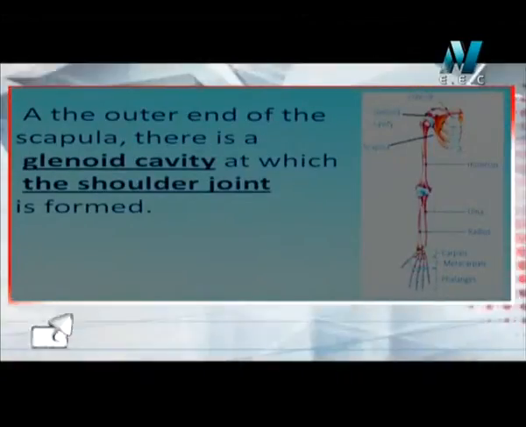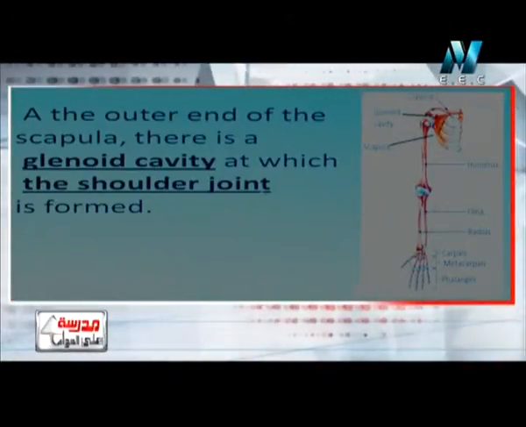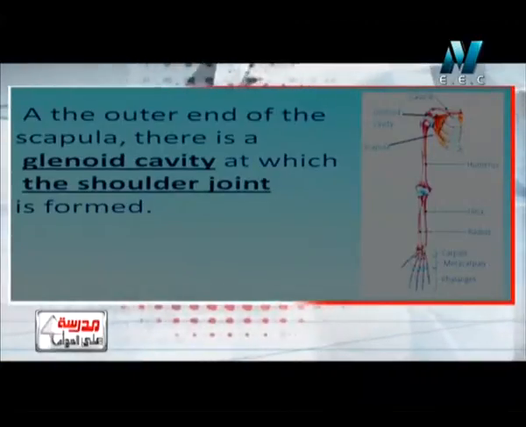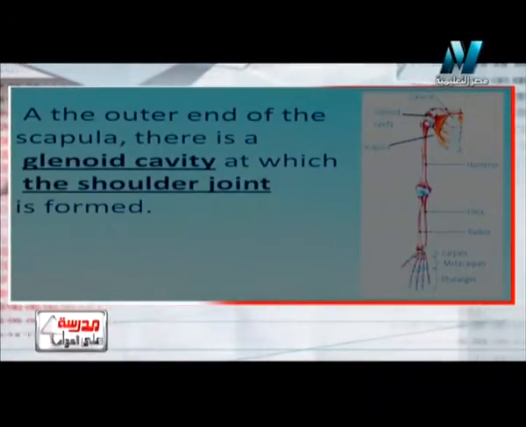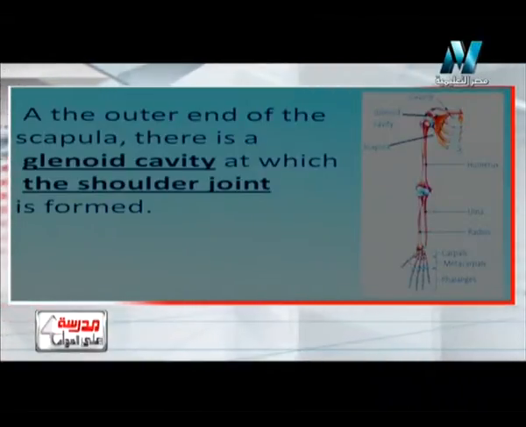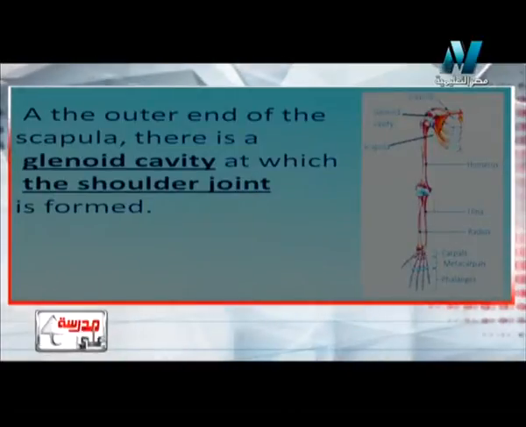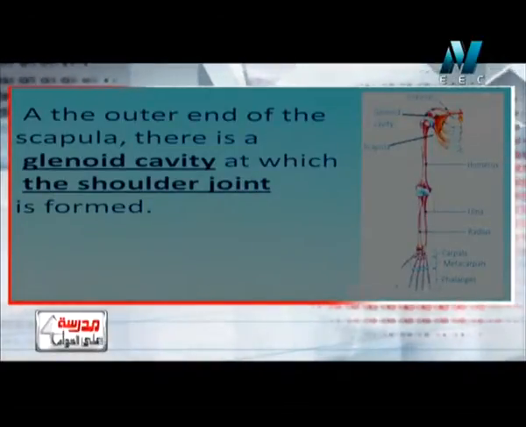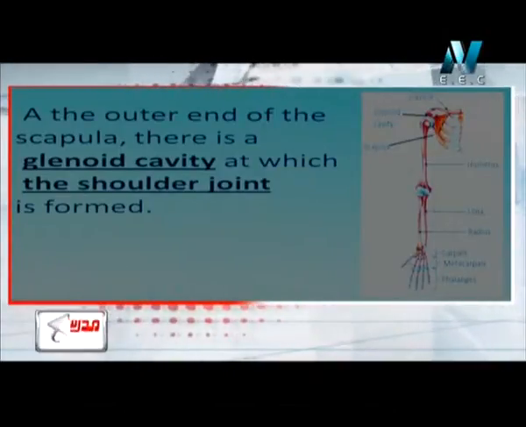At the outer end of the scapula, there is a glenoid cavity at which the shoulder joint is formed. If you look at the picture, this is the scapula, this is the clavicle, and here is the glenoid cavity, which connects to the shoulder bone.